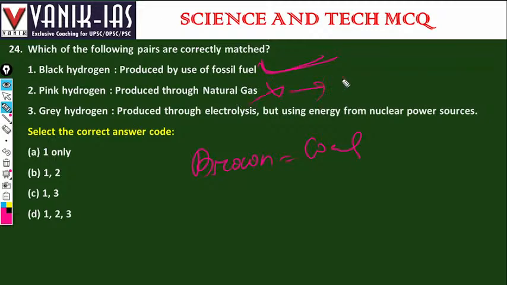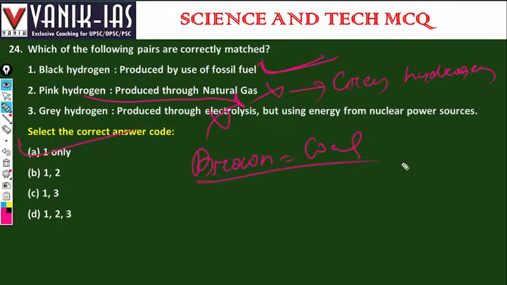It is grey hydrogen. Grey hydrogen is from natural gas. Pink hydrogen is produced through electrolysis, but using energy from nuclear power sources. So the statements are exchanged, and this one option is the right option.